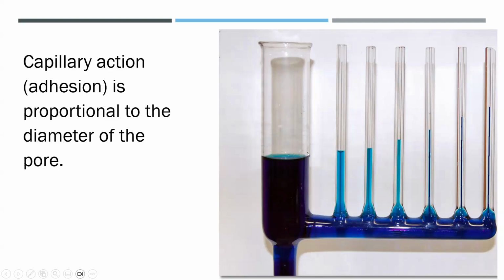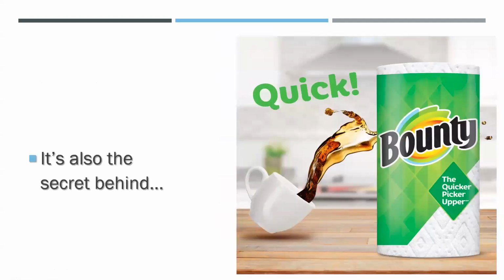Even looking at something like this, you notice that around the edges, water will curve up along the edge. If you're in chemistry class measuring in a graduated cylinder, they call it the meniscus. It's this little curvature at the edge because of the adhesive action of the water on the edge of that glass.